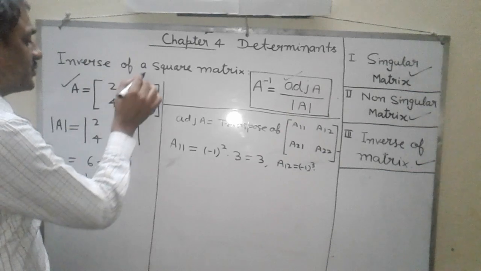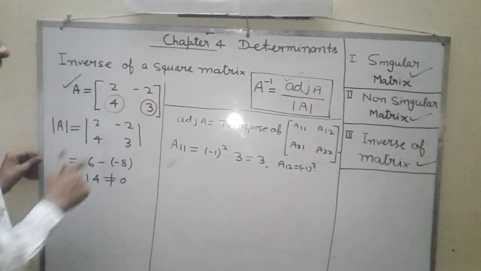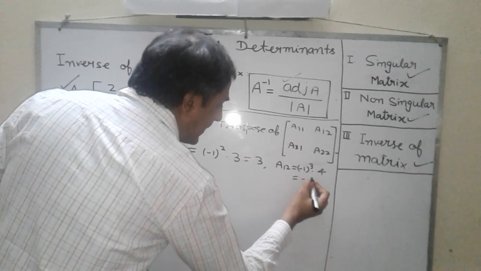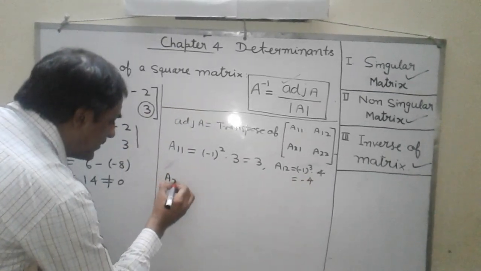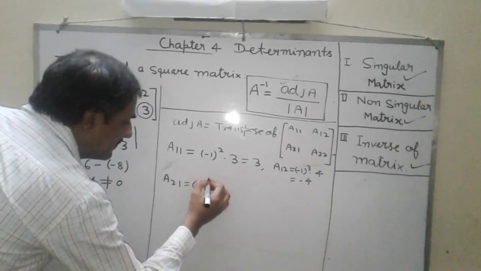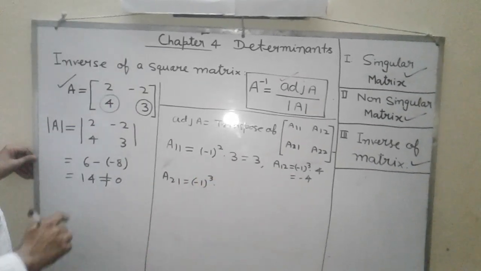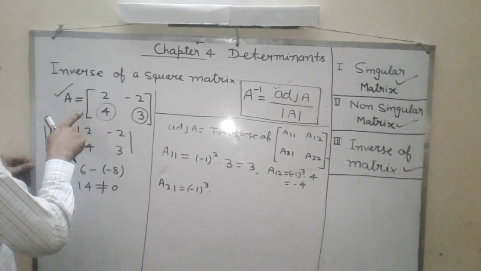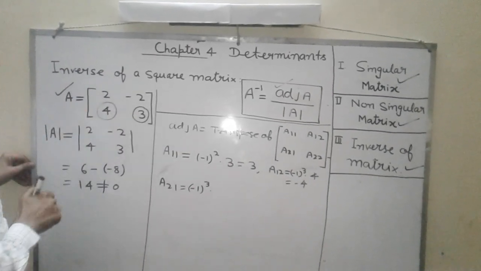After deleting the first row and the second column, the minor of this element is equal to 4, so A12 is minus 4. A21 is equal to minus 1 to the power 2 plus 1, into the minor of A21. A21 means second row and the first column.